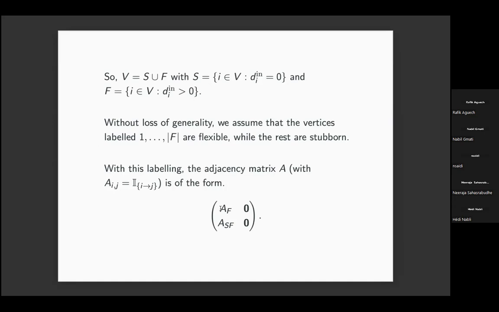So that looks like something here, then 0, then A_SF here, and then 0. That's because the stubborn vertices have no vertices pointing to them. Therefore, this last part becomes 0. Okay, so this is about the underlying graph that I'm going to consider.